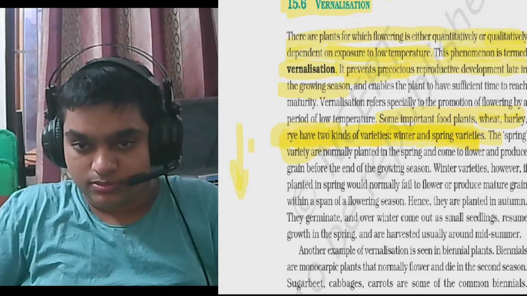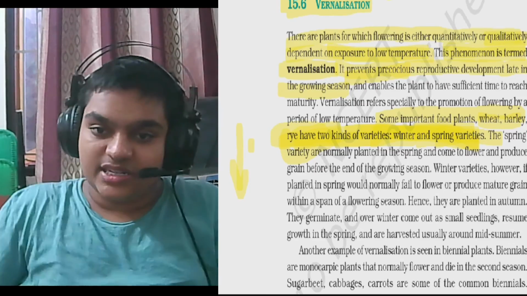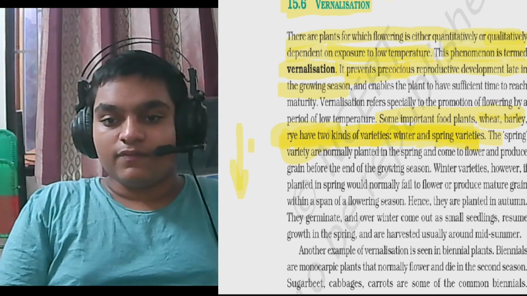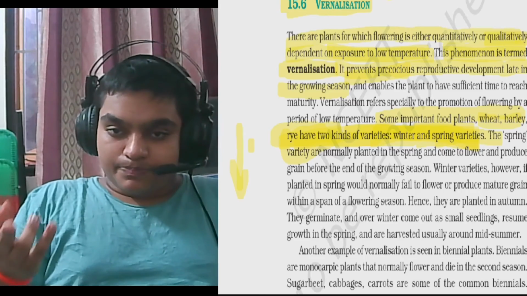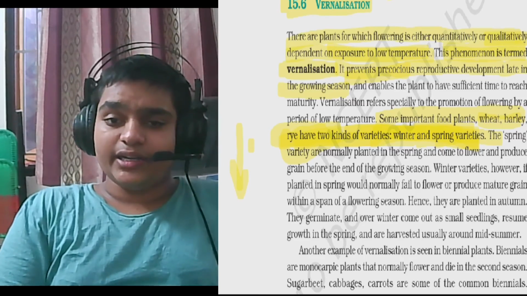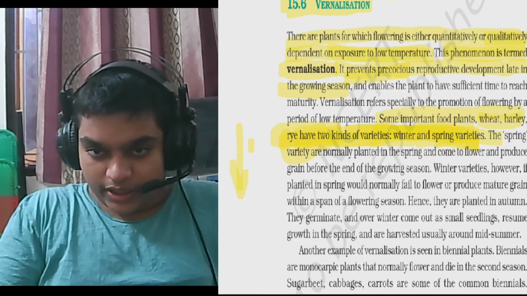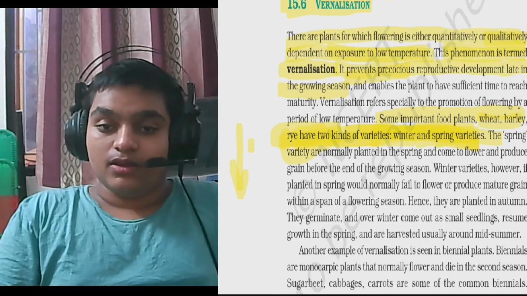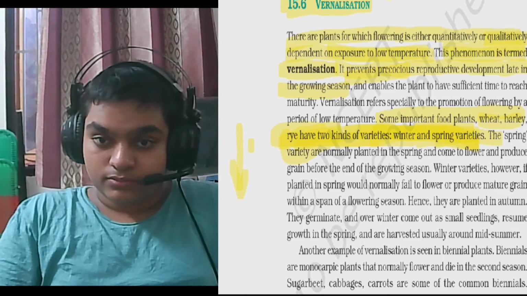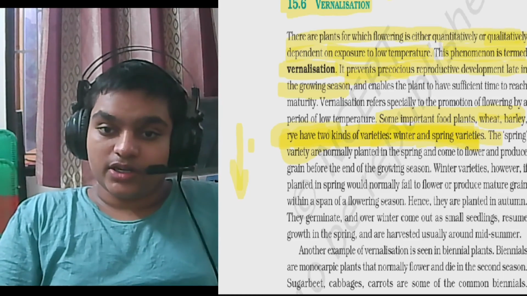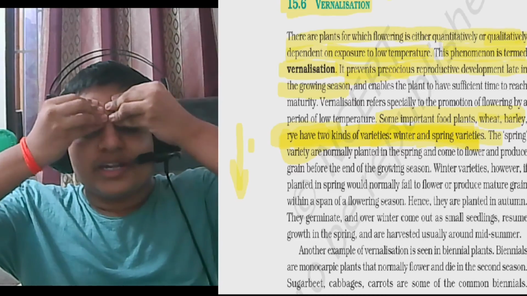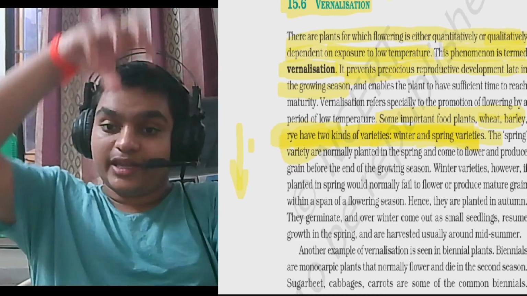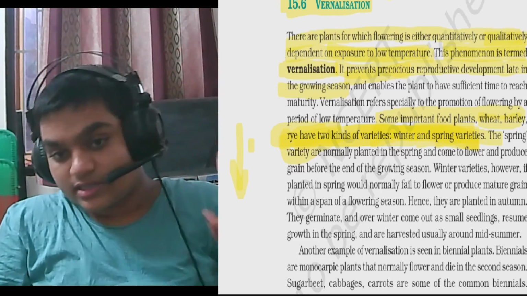What happens then? Throughout the season there are no flowers. So when these winter varieties are planted in winter, they grow, they come to flower in spring, and they can be harvested in mid summers.